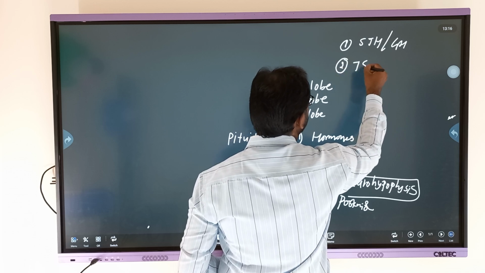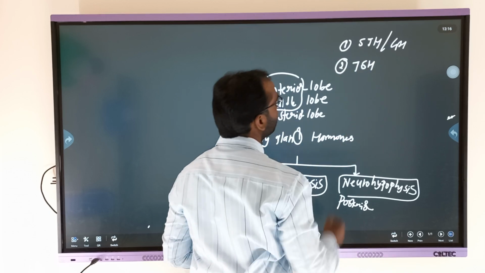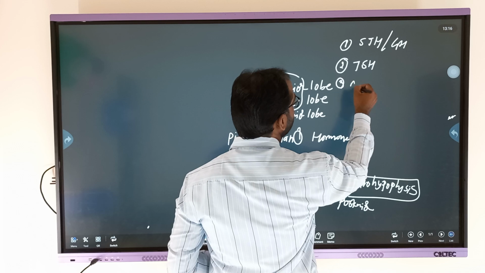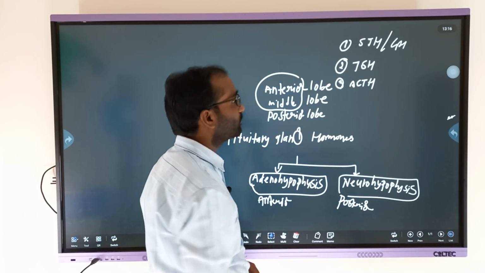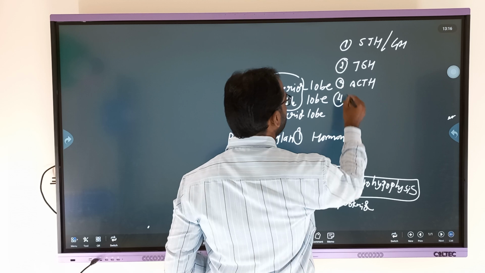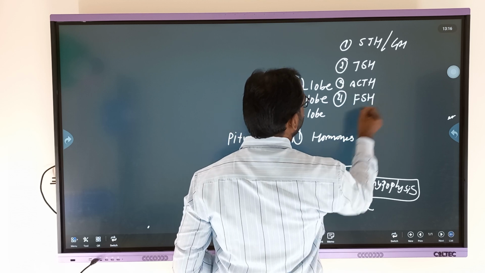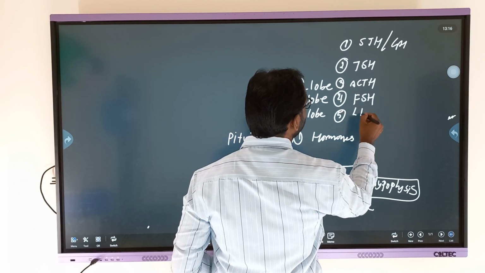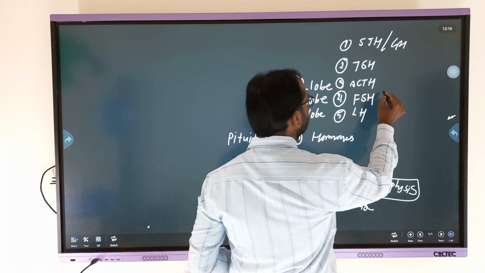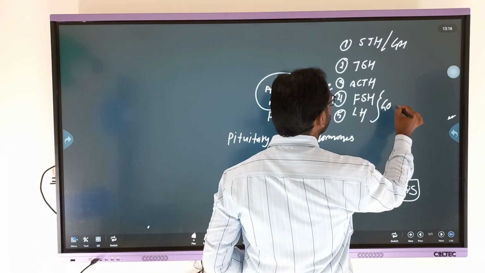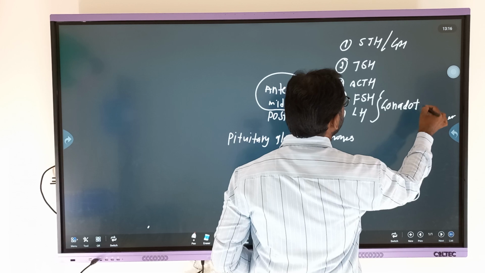The second one is TSH, thyroid stimulating hormone. Then the third one is ACTH, adrenocorticotropic hormone. The next ones are FSH and LH.